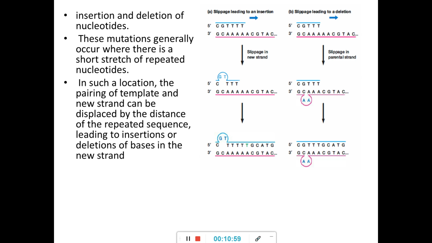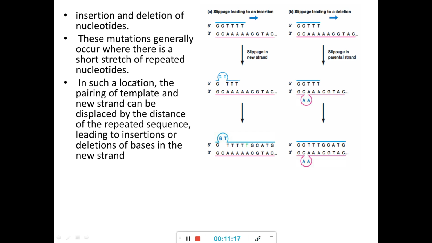And spontaneous mutations can also happen due to the insertion and deletion of nucleotides. You can see a different case. These mutations generally occur when there is a short stretch of repeated nucleotides being added.